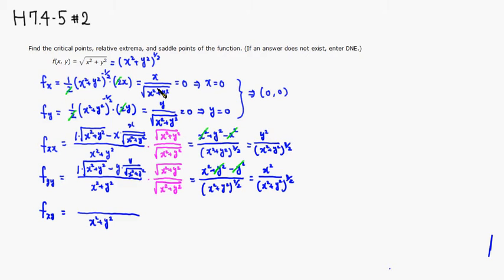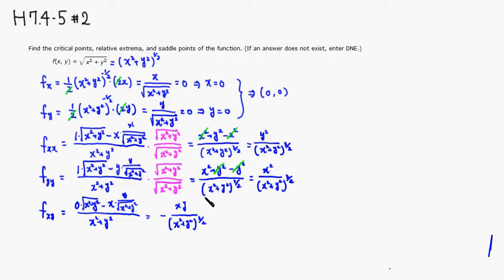Then the partial of the numerator with respect to y is 0, times the square root of x squared plus y squared, so that's 0 anyway, minus x times the partial of the denominator with respect to y, which we've done before, y over the square root of x squared plus y squared. So this is going to be negative xy over x squared plus y squared to the 3/2 power.